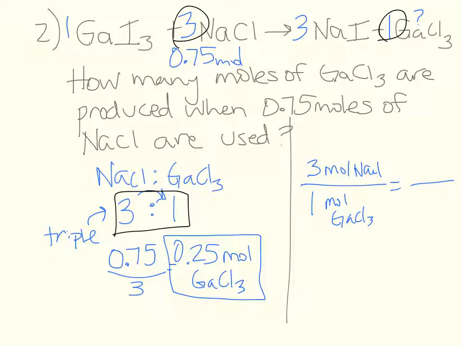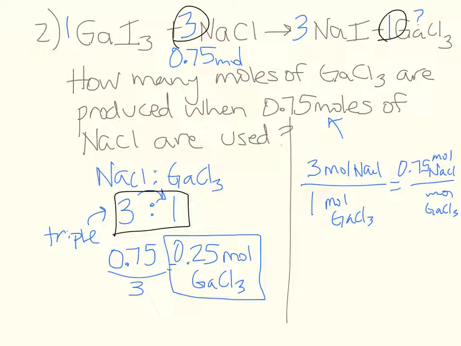To set this up, we have to make sure that we have our moles of sodium chloride on top and our moles of gallium chloride on the bottom of our ratio. On the other side is where we put what we're given in the question. So we put our moles of sodium chloride, 0.75, on top.